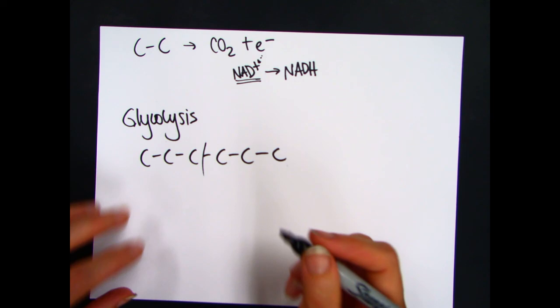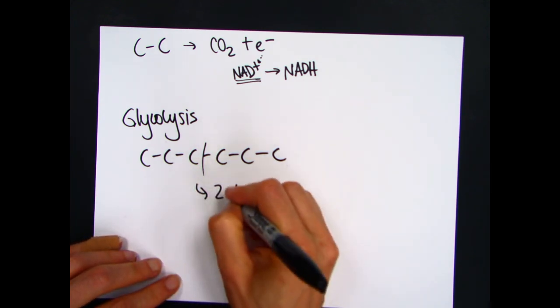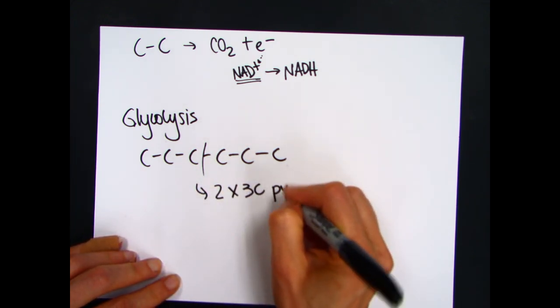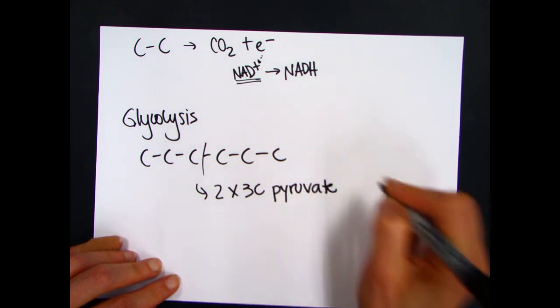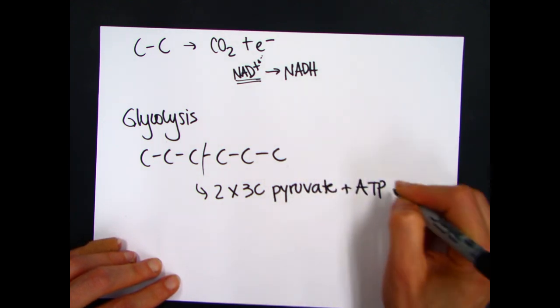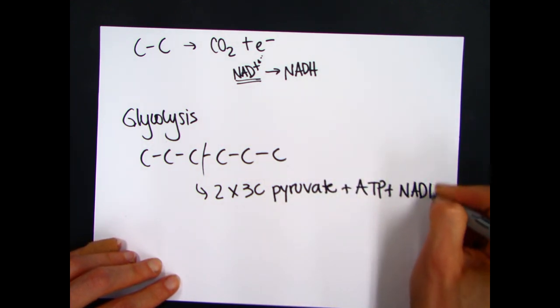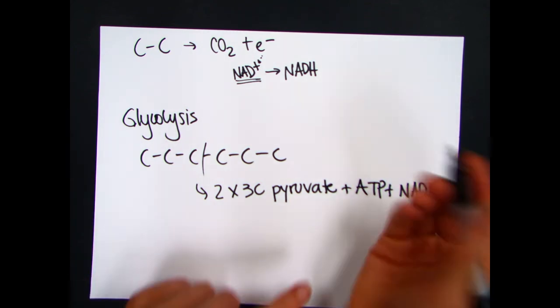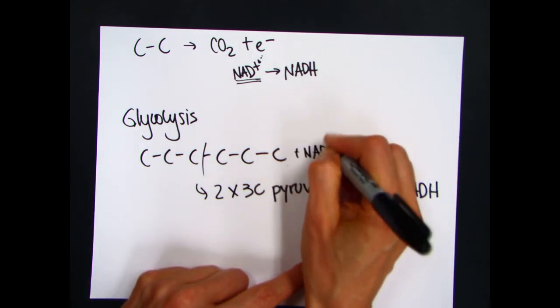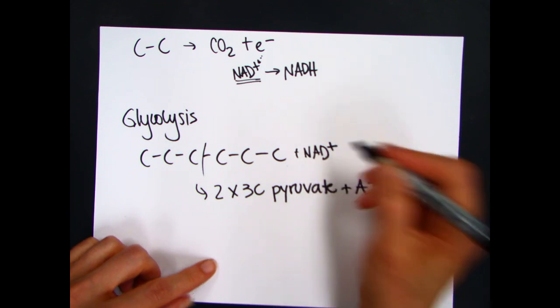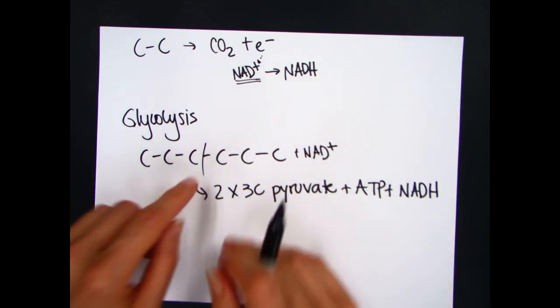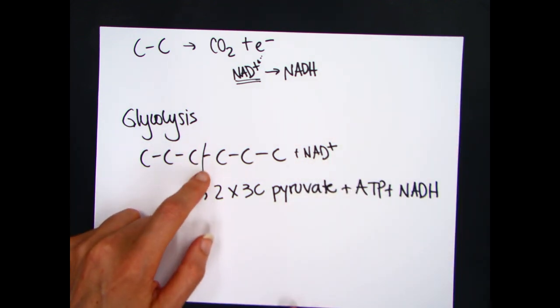We're going to break this bond here to make 2 3-carbon pyruvate. We're going to make some ATP, and we're going to make some NADH, because here we've had to add the NAD+ in order for the NAD+ to capture the electrons that are going to be released when this bond is broken.